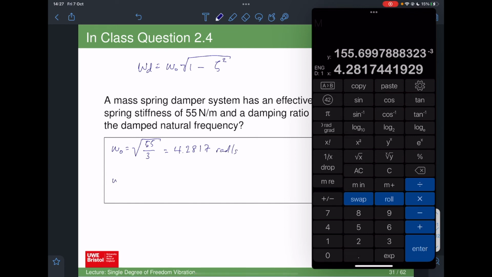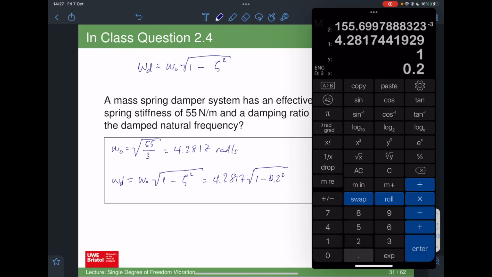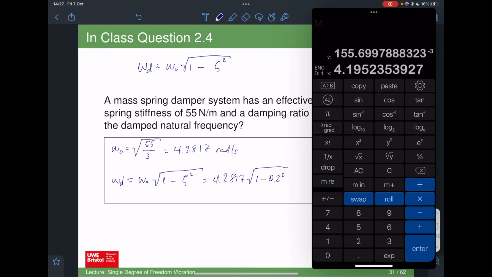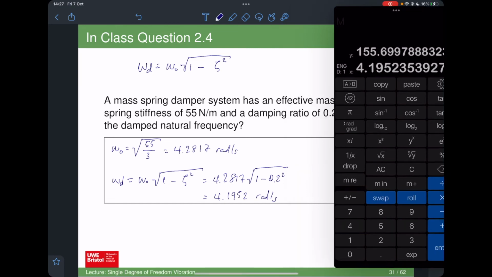Okay, so omega d is omega naught times root of 1 minus zeta squared, so 1 minus 0.2 squared.